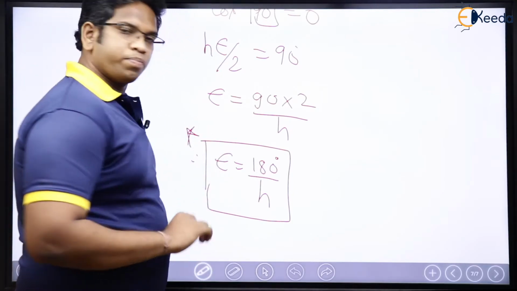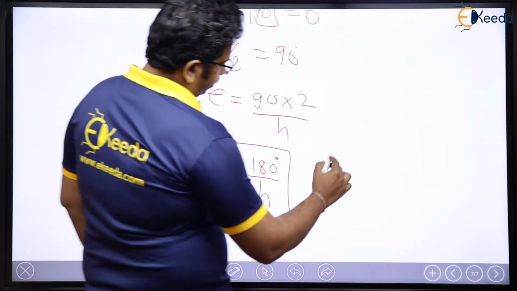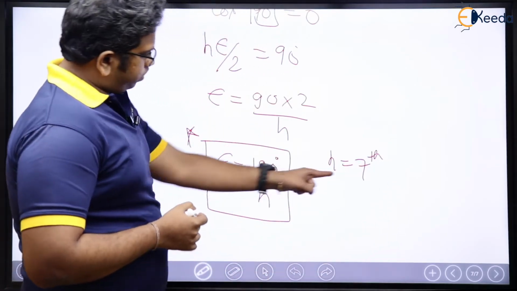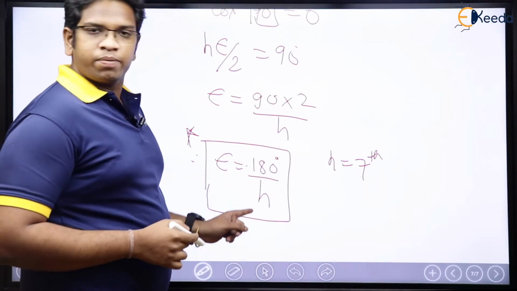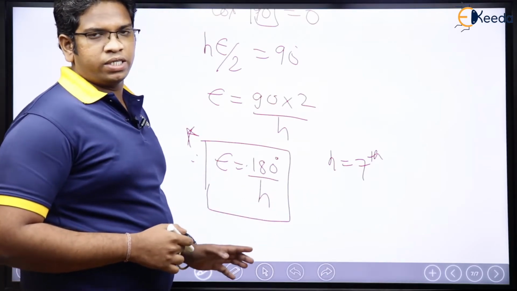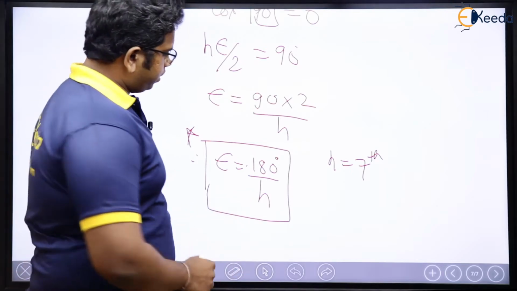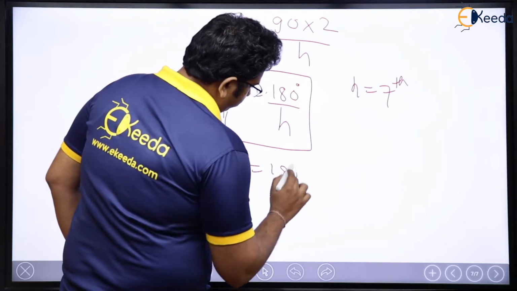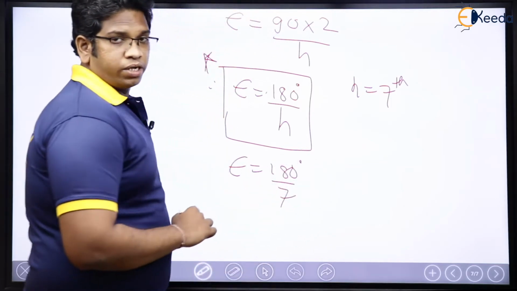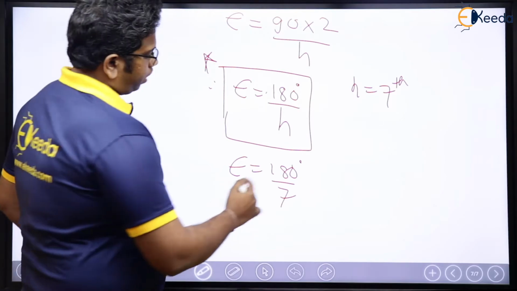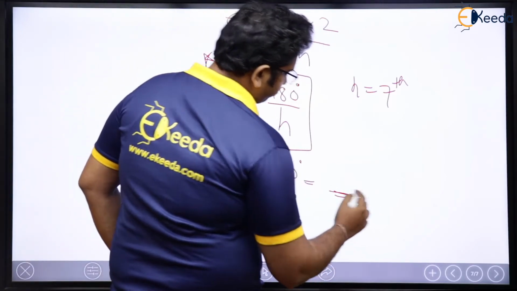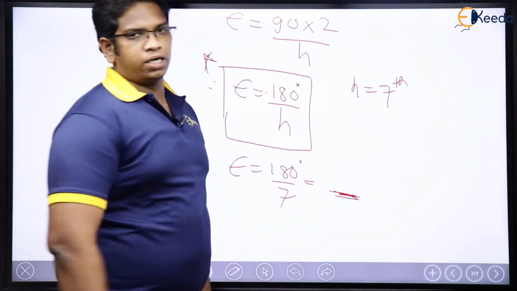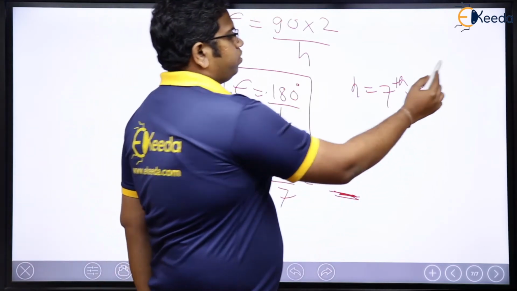Why? Because if I want to eliminate, let us say, the 7th harmonic, H is equal to 7, so I will just put H equal to 7 here: epsilon equal to 180 degrees by 7. Whatever angle you get here, if you short pitch your coil by that particular angle, this 7th harmonic will be eliminated.